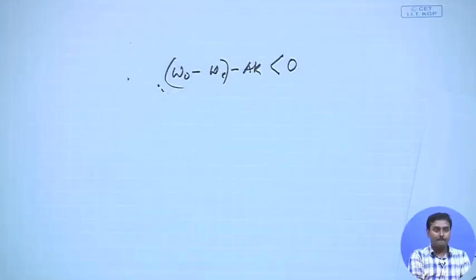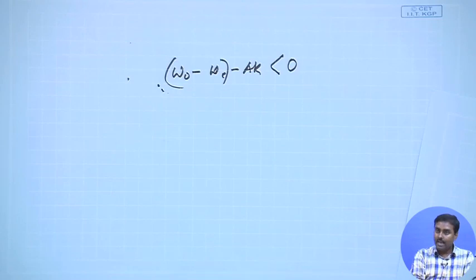As long as this is less than 0, only then will you have tracking of the PLL. Otherwise, the curve will just go above the x axis and there will be no cutting point where theta e dot becomes 0.